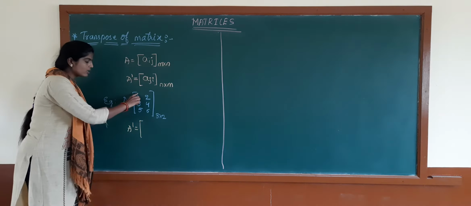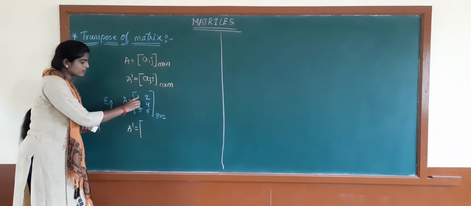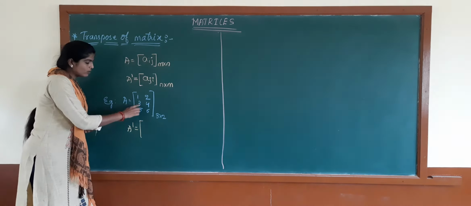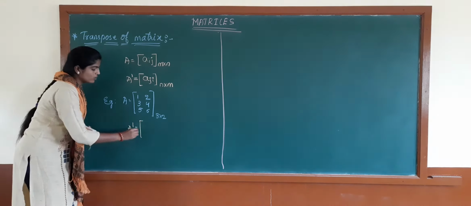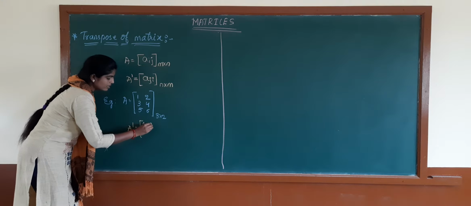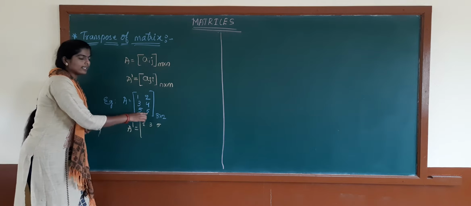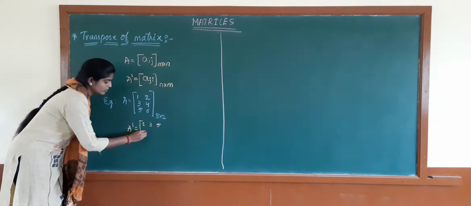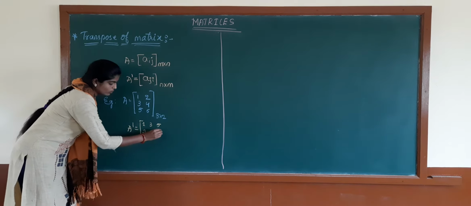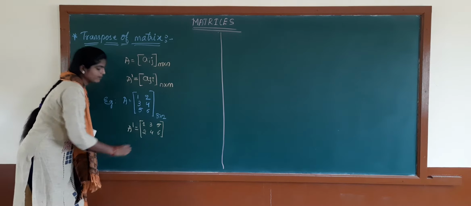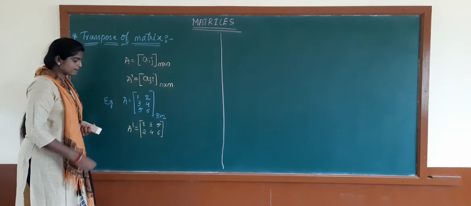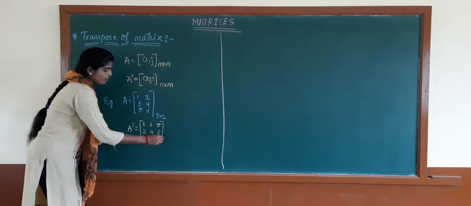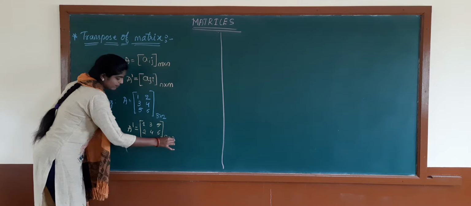So here the first column is 1, 3, 5. We have to convert this column into the row. So then we obtain 1, 3, 5. And the second column is 2, 4, 6. So we have to arrange it in the row: 2, 4, 6.